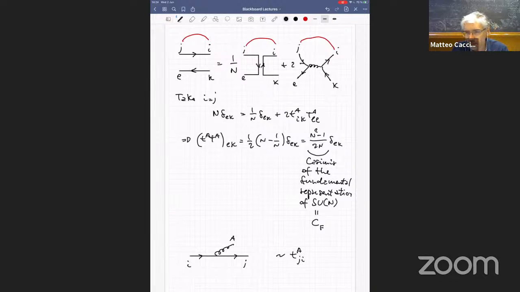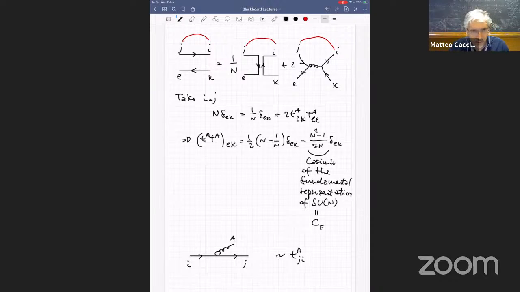There is also a direct gamma matrix, of course, but that part will be identical to what you would have in QED, so that's not what we are interested in. What we are interested in is the new effect of color.